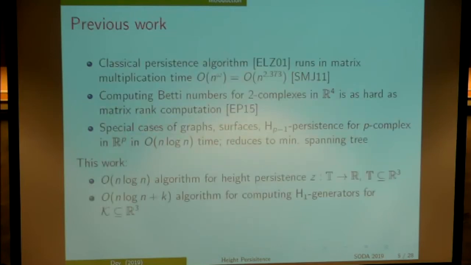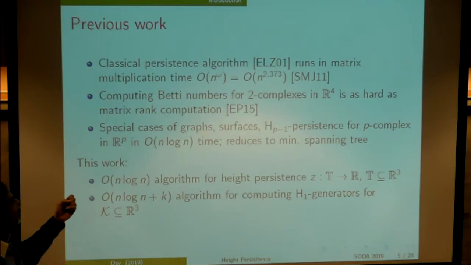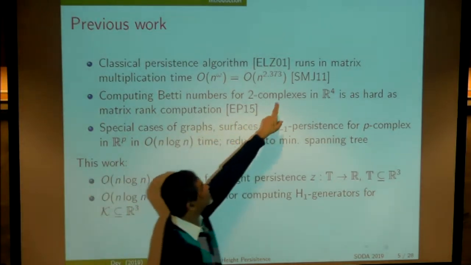Okay, so what I have done is the following. As I told you, the classical persistence algorithm of Edelsbrunner, Letscher, and Zomorodian runs in matrix multiplication time. I also put this reference.